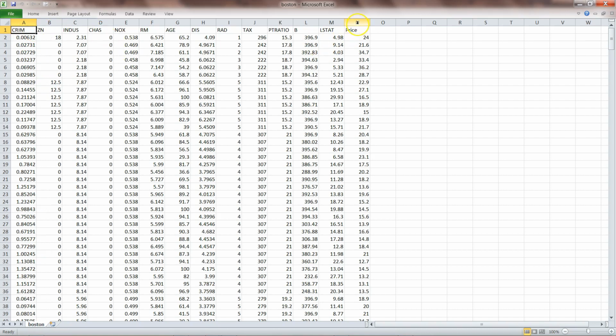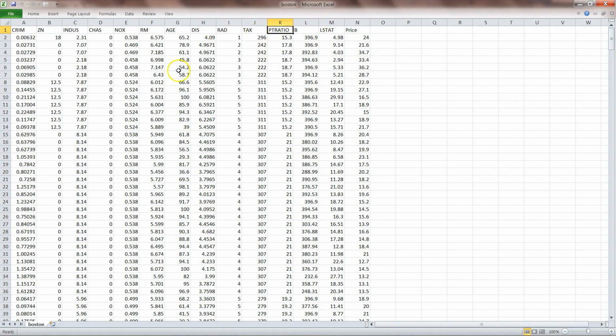What it has is the price information in thousands of dollars for different apartments based on parameters like the crime rate in that locality, the number of rooms per dwelling, the age group in that locality, and tax and PT ratio. So different parameters that we have.